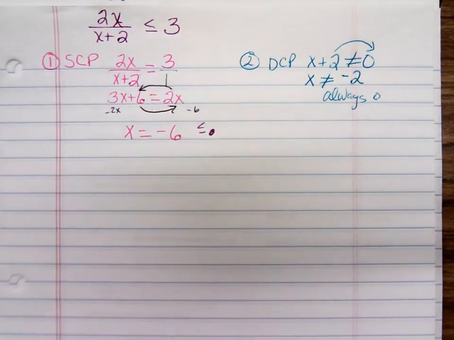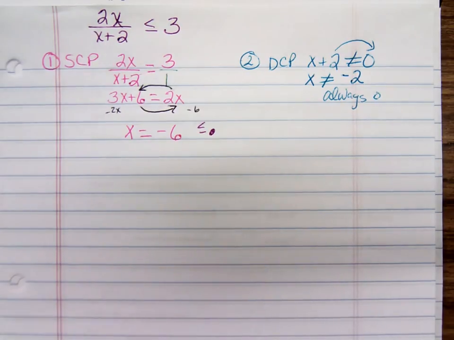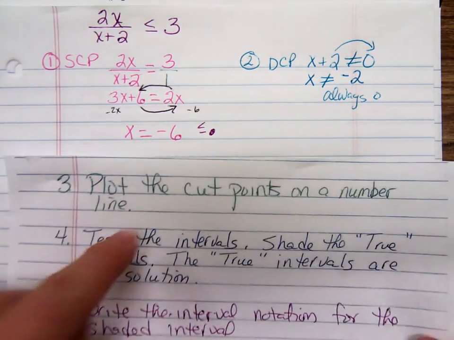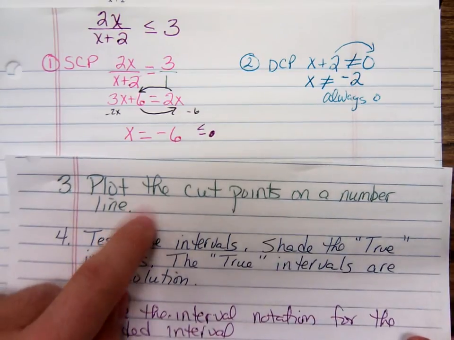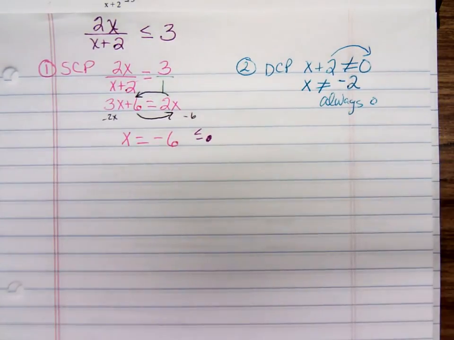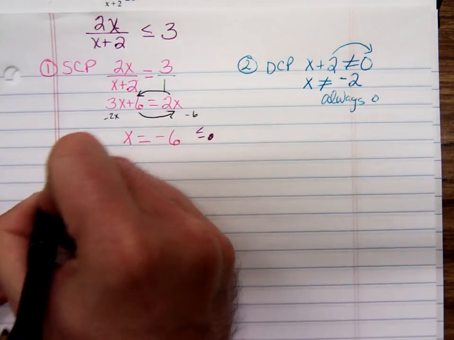So now the next thing we need to do is draw the number line. Those are the numbers you're going to be labeling on the number line. Okay? So let's see. This is step 3. Plot the cut points on a number line. So I'm going to draw a number line.